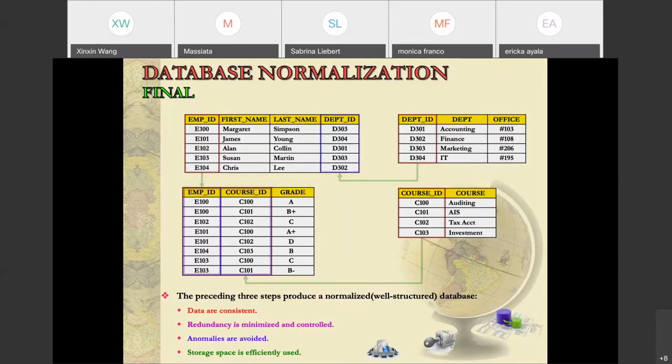So this is the benefit of constructing a normalized database, right? This is very important for you to do your homework assignment, and you have to keep the normalization in mind, with no violations of all those things I mentioned before, right?